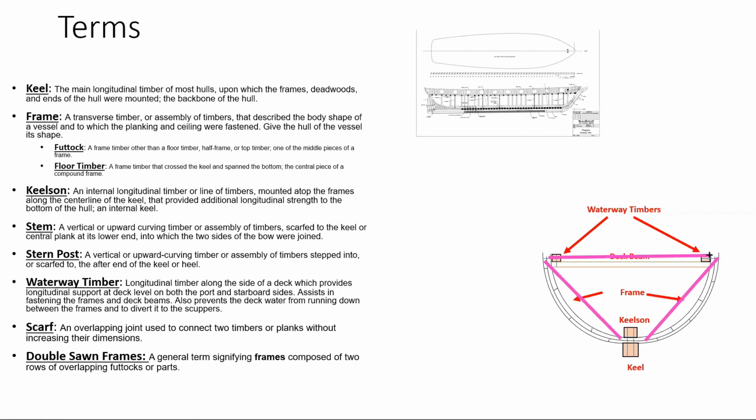They give it its strength, and everything is built off of that. In my little diagram, you can see different parts of the frames being the futtocks, and the lower timber that crosses the keel is the floor.